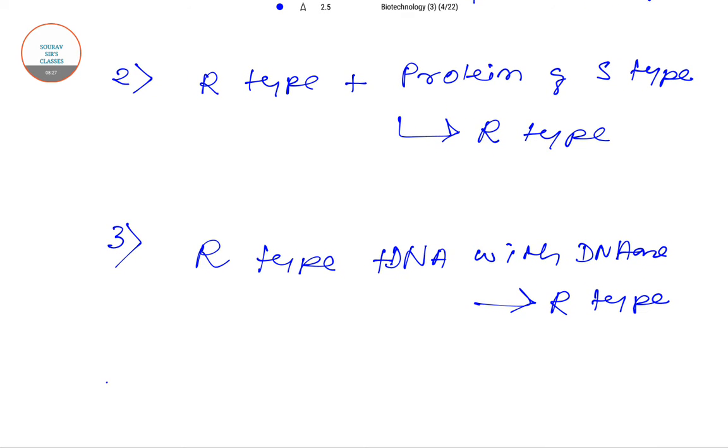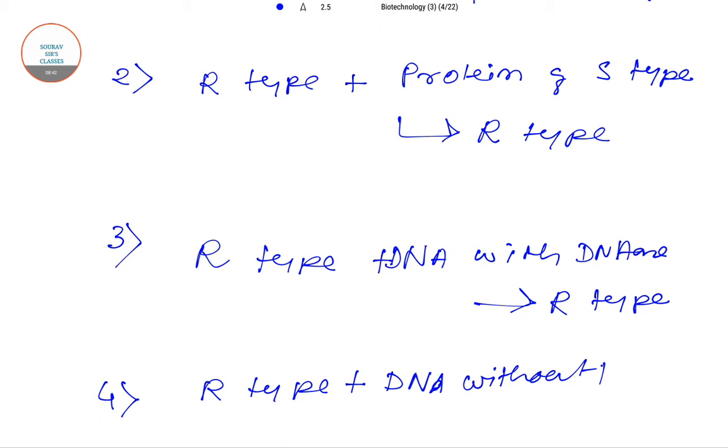And the fourth condition is when the R type is given the DNA without DNase. In that case, both types of bacteria form, the R type and the S type.